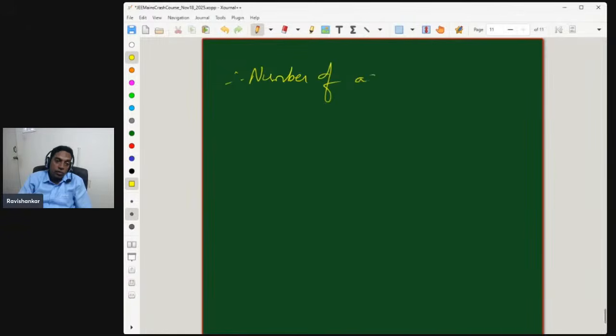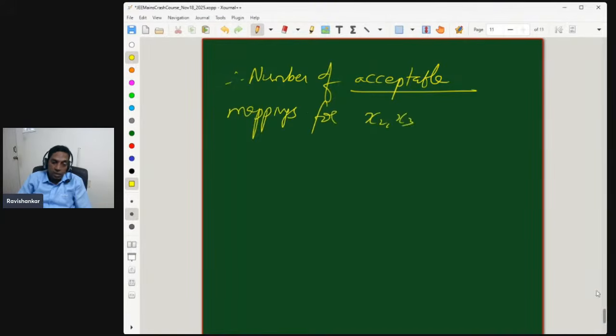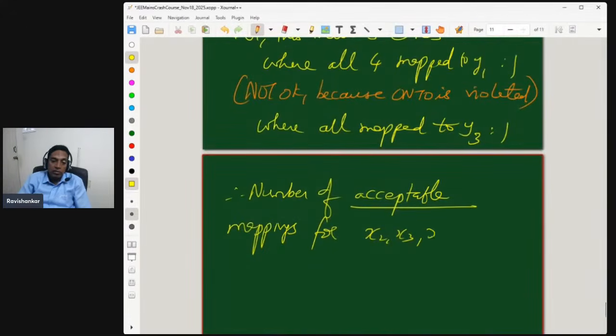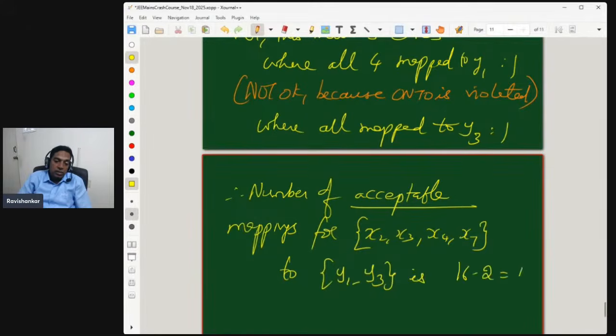Therefore, number of acceptable mappings for x2, x3, x4, x7 to y1, y3 is 16 minus 2, which is 14.